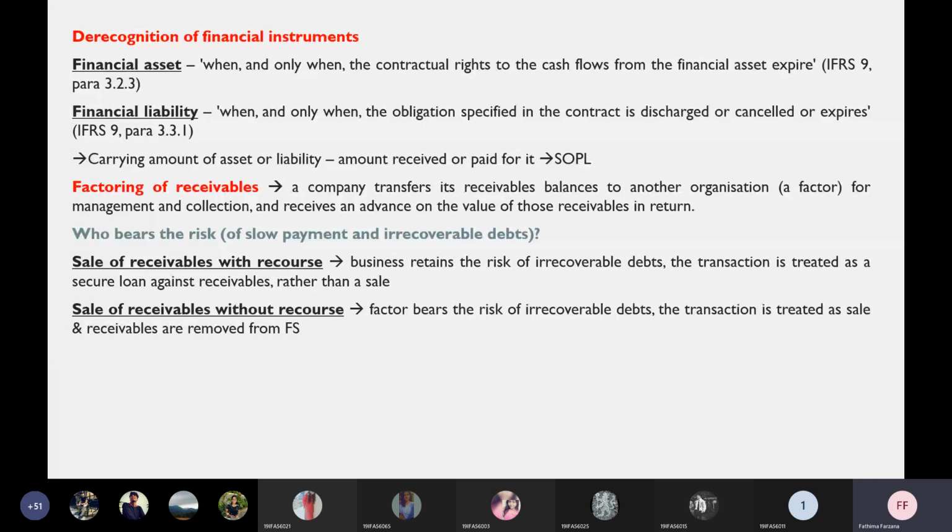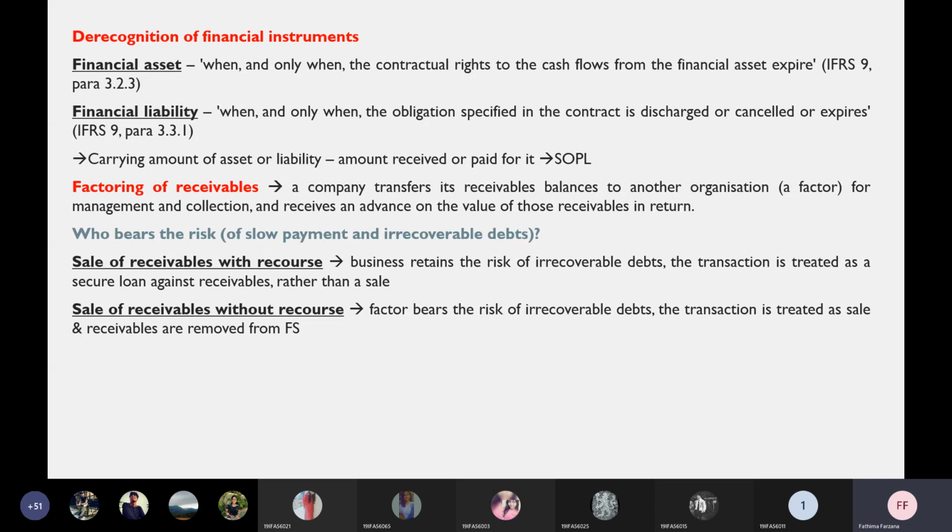Two types are there in that factoring of receivables. One is sale of receivables with recourse, the other is sale of receivables without recourse. In sale of receivables with recourse, the business which is giving, which actually owns the receivable, to whom somebody has to pay money, that company, let us assume company A, will go and find one third party called a factor.